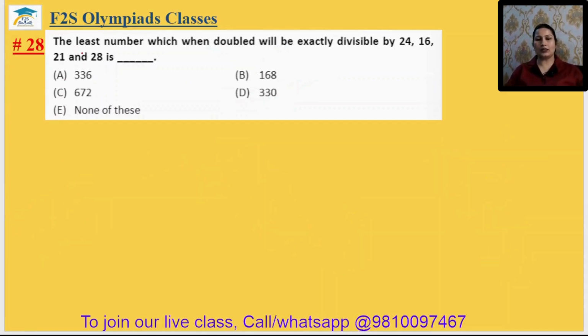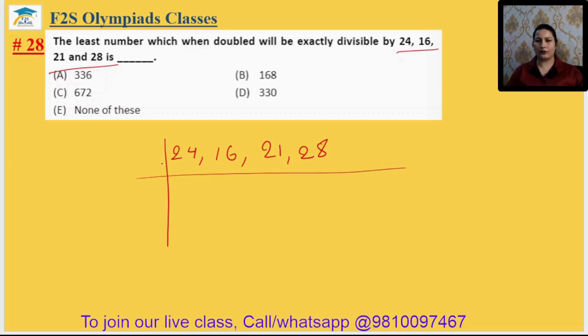Question number 28. The least number which when doubled will be exactly divisible by this. Very simple. Find the LCM and halve it. Okay. So 24, 16, 21 and 28. LCM will be, with 2, 12, 8, 21, 14.